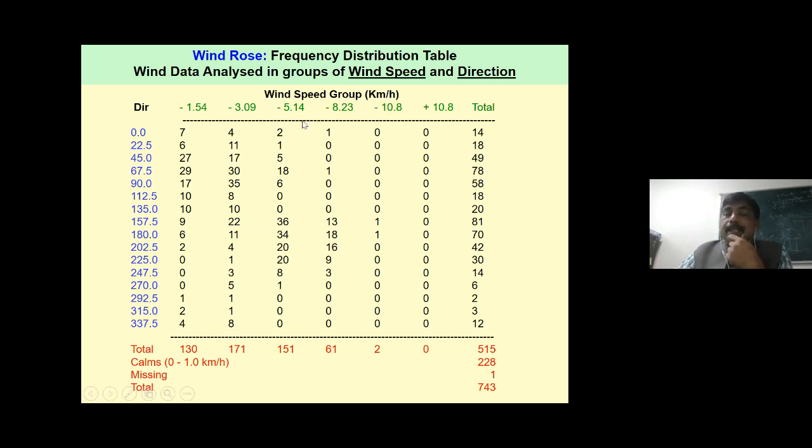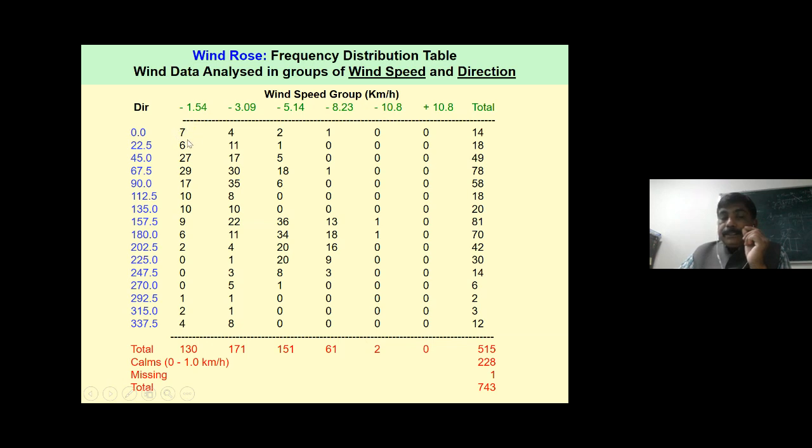So if wind speed is less than 1.54 kilometer per hour, we'll count the number of hours and put it in here. So it is, say, 7. So for 7 hours, or 7 times of the total wind data, the wind speed was less than 1.5 kmph and the direction was from north, 0 you can see, around north, less than 22.5.